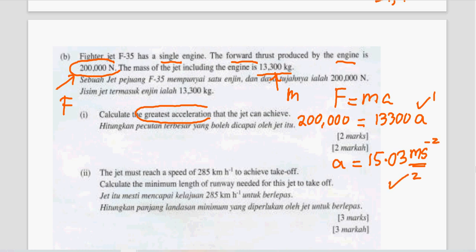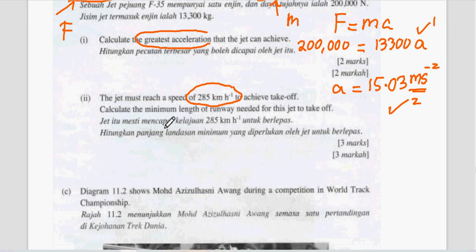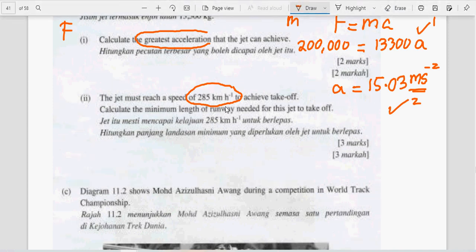Next question. The jet must reach the speed of 285 km per hour to achieve takeoff. They give the unit in kilometer per hour, but we have acceleration in meter per second squared. Be careful. The question is asking, what is the minimum length of runway needed for the jet to take off?